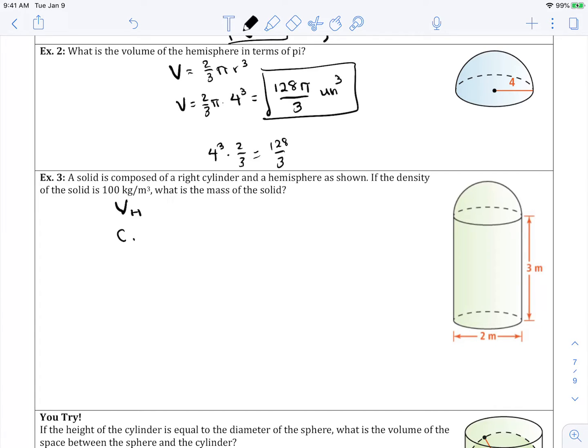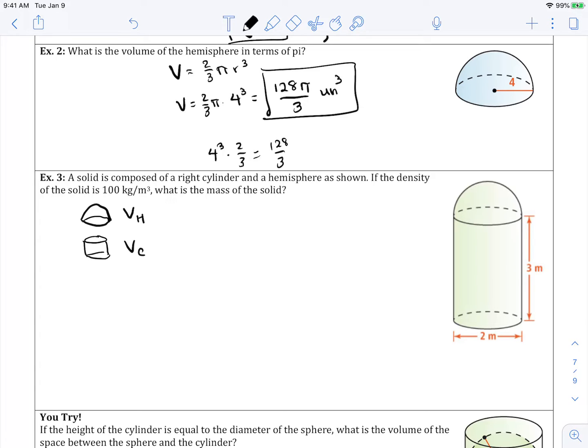So we need to find the volume of the hemisphere and the volume of the cylinder, right? So the hemisphere and the cylinder.